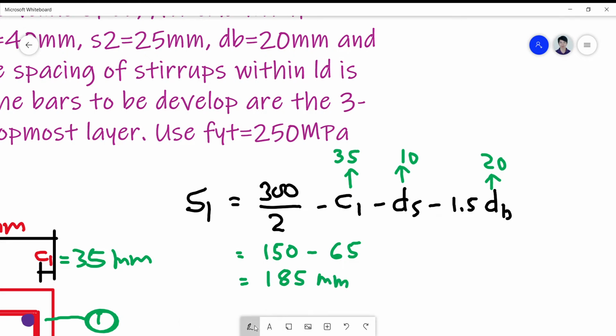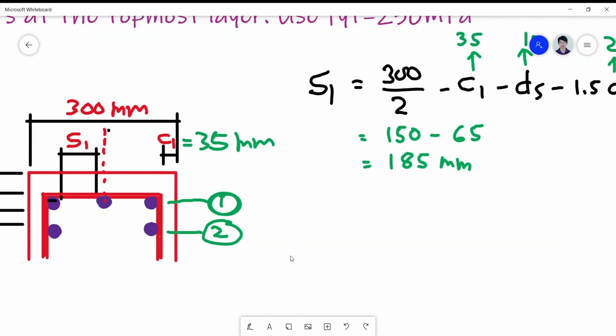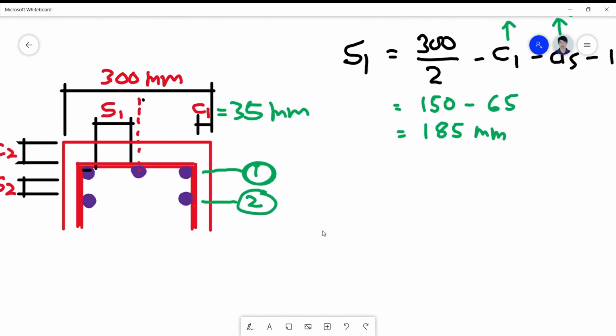But in case S1 is already given, you don't need to compute it. And there are a lot of ways on how to compute for your S1. Just remember that S1 is a clear spacing. Okay.